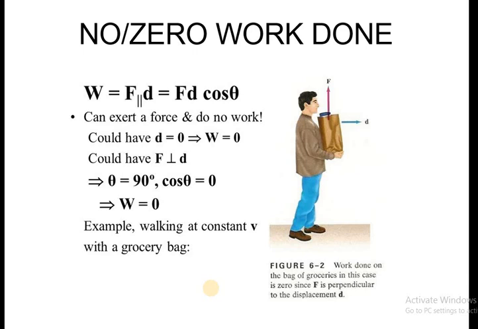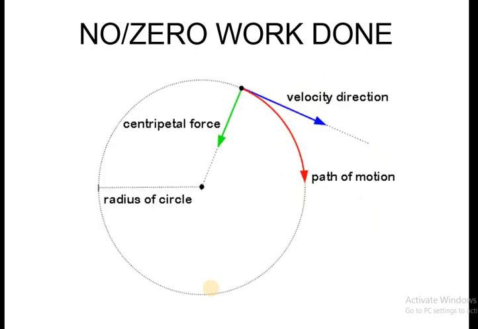The angle between the force and the displacement becomes 90 degree. So what is the value of cos theta? It becomes cos 90, that gives us 0. So when F is perpendicular to d, theta is 90 degree, cos theta is 0, so W becomes 0. So work done by the man becomes 0.